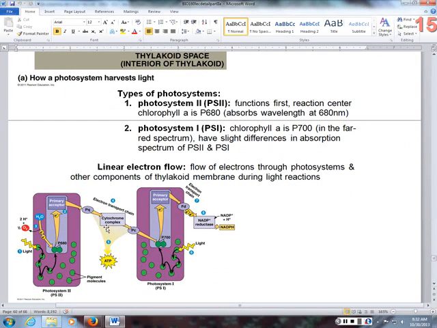You do your electron transport chain first in the plants to get the energy. So you've got your electron coming in, and then it being passed down, and then it being stimulated again through photosystem 1 here, and coming down to produce the NADPH. So we refer to this as linear electron flow because it starts at one, it moves to the other, the electrons are moving down the line.